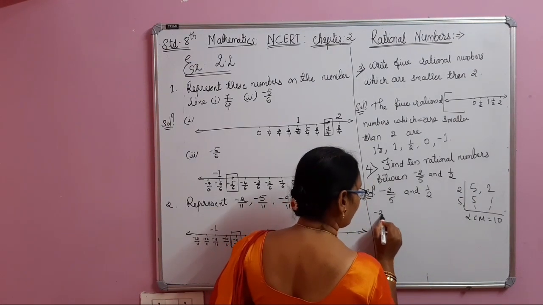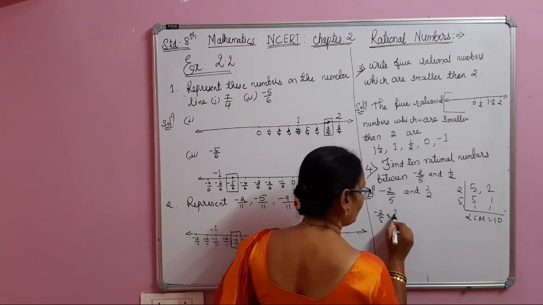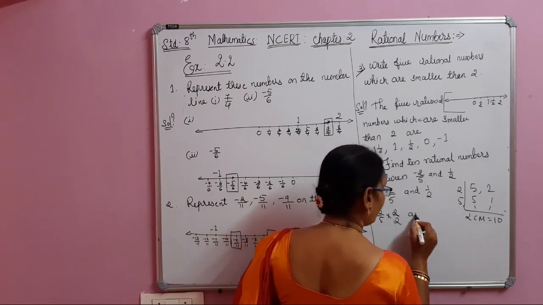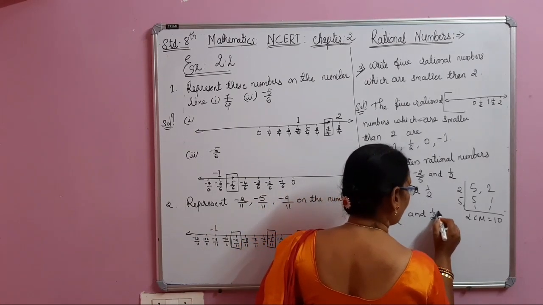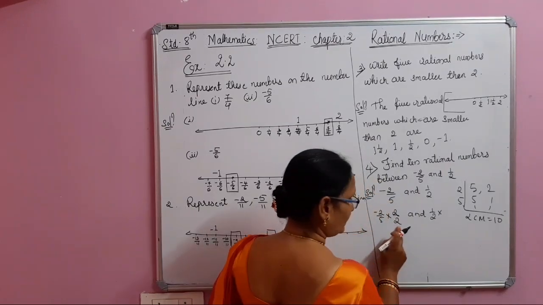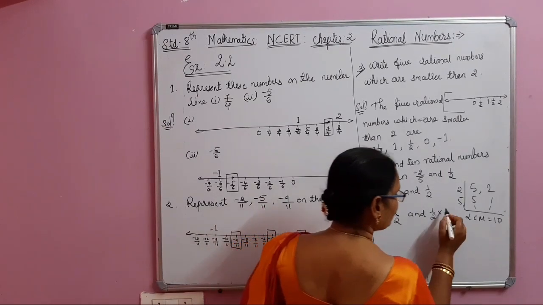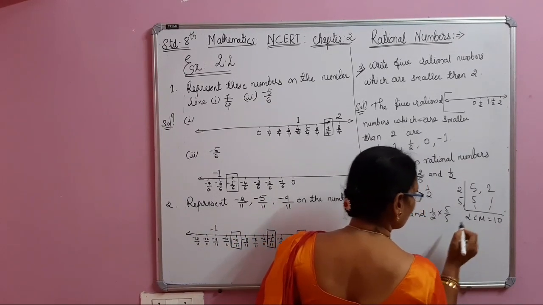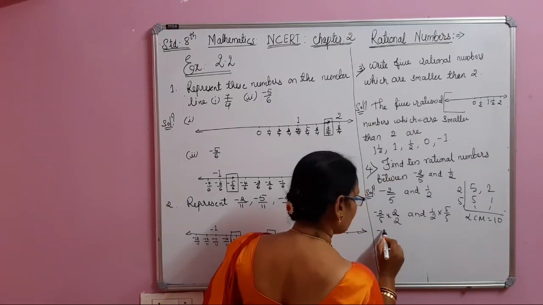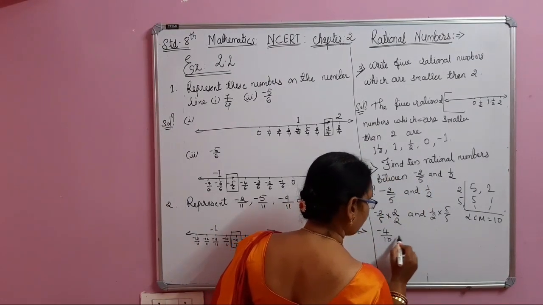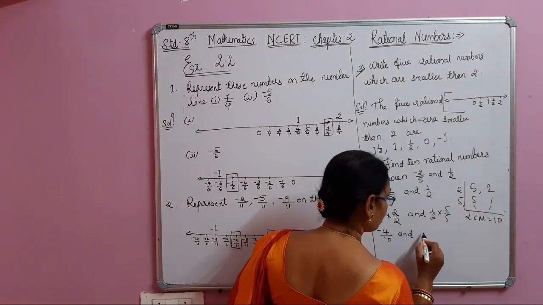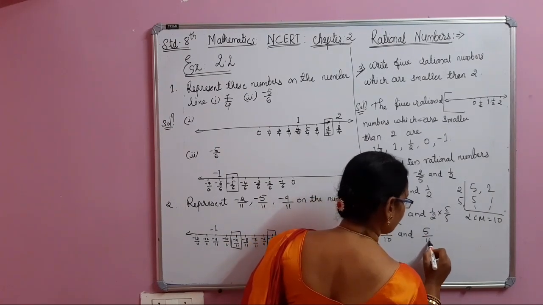How can we make it? Minus 2 by 5 into 2 by 2, and 1 by 2 into 5 by 5, because here we multiply by 2 to make it 10, and here 2 is there, so we multiply by 5 to make it 10. So this is minus 4 by 10 and 5 by 10.